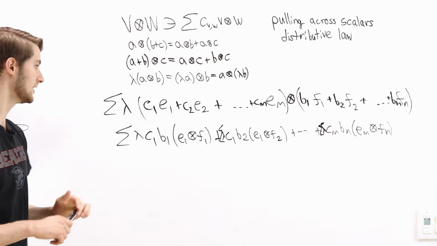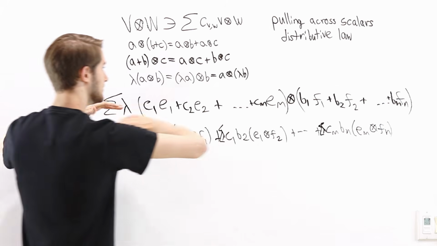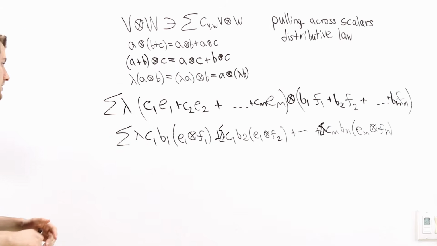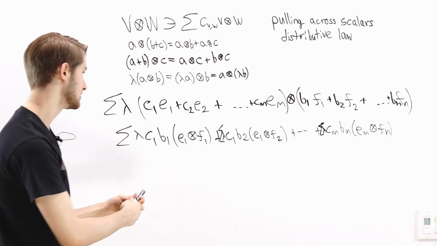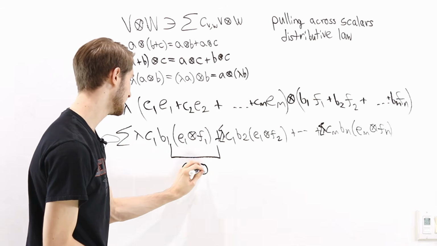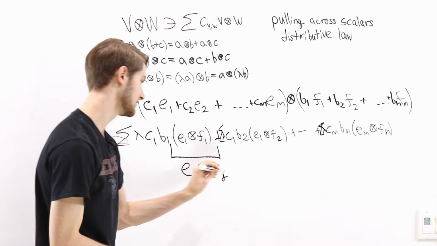So every single time when we take a linear combination of elements in V tensor W, it's always going to be a linear combination of these things right here, the pure tensors e_i tensor f_j.